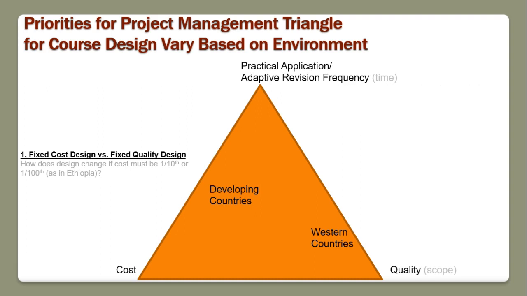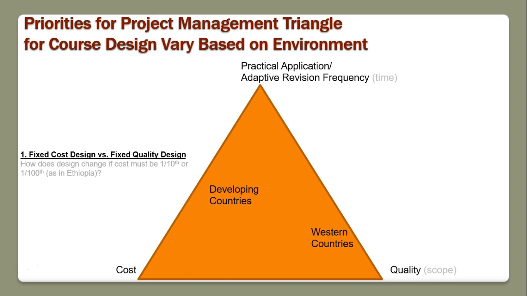So what's needed? Number one, do you have a fixed cost design or a fixed quality design? The way accreditation works in Western countries is you have a fixed quality design. You say you have to meet this standard, and if you don't, then you're not going to be accredited.